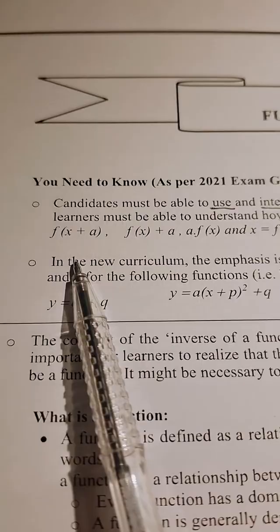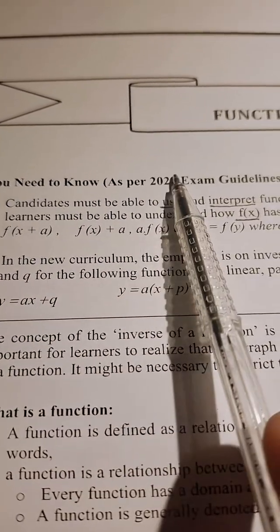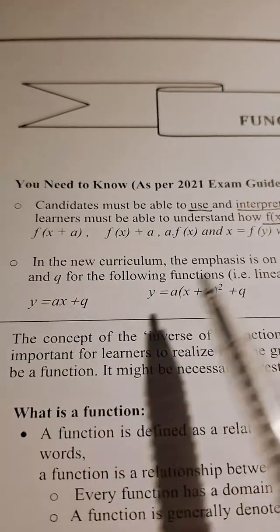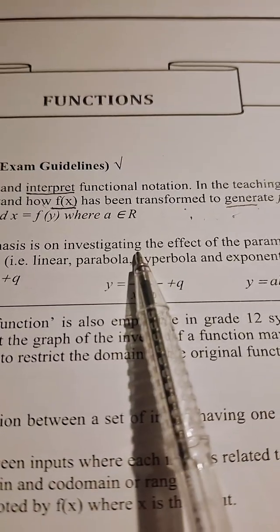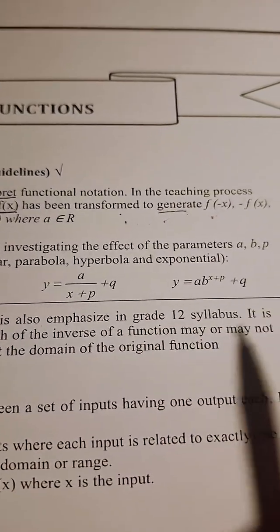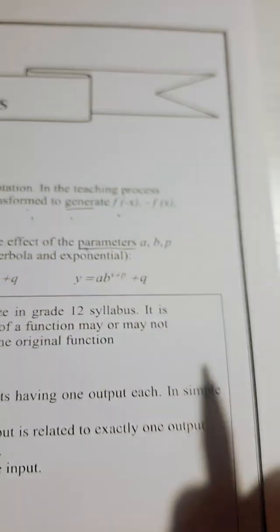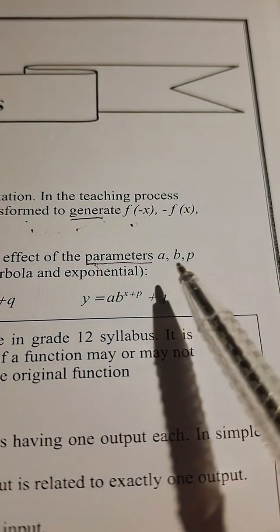Here's something else to note. In the new curriculum, as per the exam guideline 2021, when the curriculum had been introduced, the emphasis is on investigating. What are you investigating? The effect. The effect of what? The parameters. What parameters?